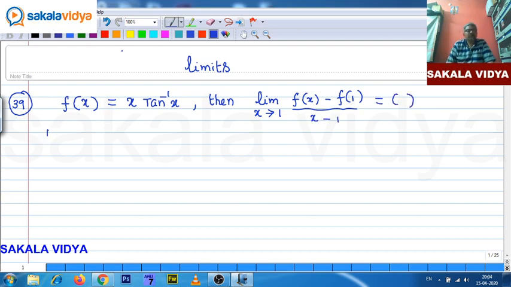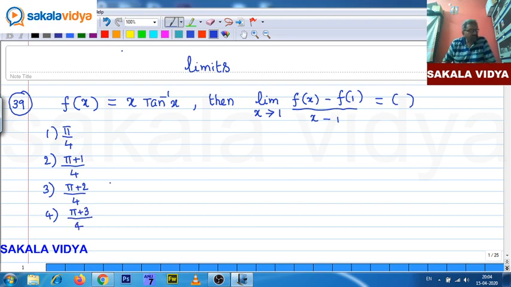First option is pi by 4, second option is pi plus 1 upon 4, third option is pi plus 2 upon 4, fourth option is pi plus 3 by 4. This is the question.